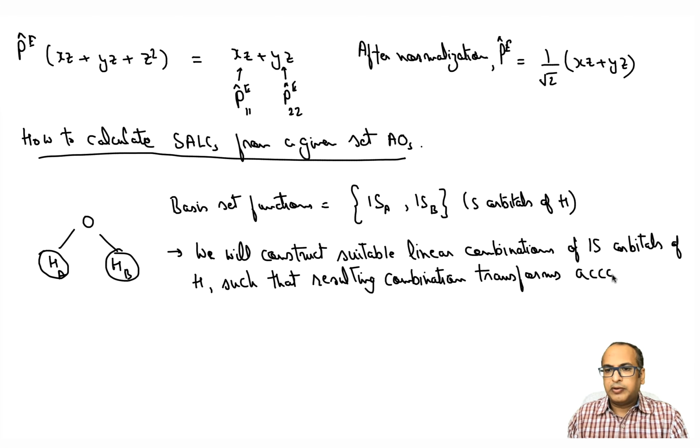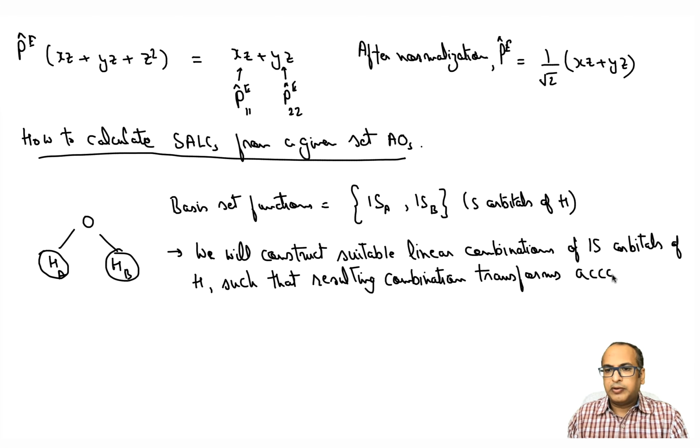We don't care which IR, but some IR of the symmetry point group C2V of water. This is a very simple example; we'll take more complex examples later.